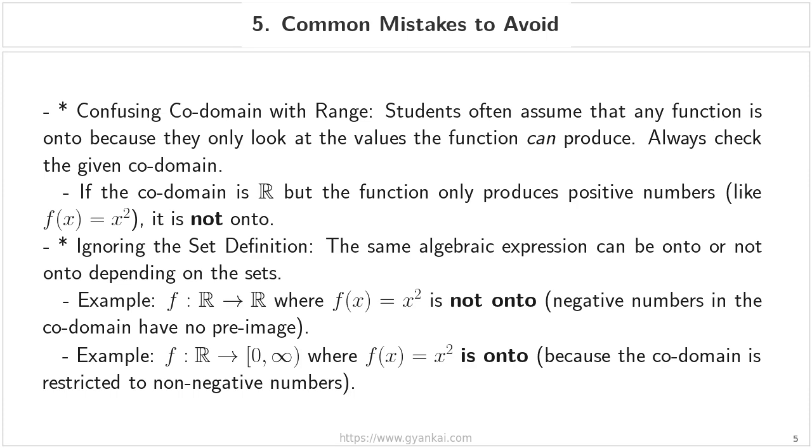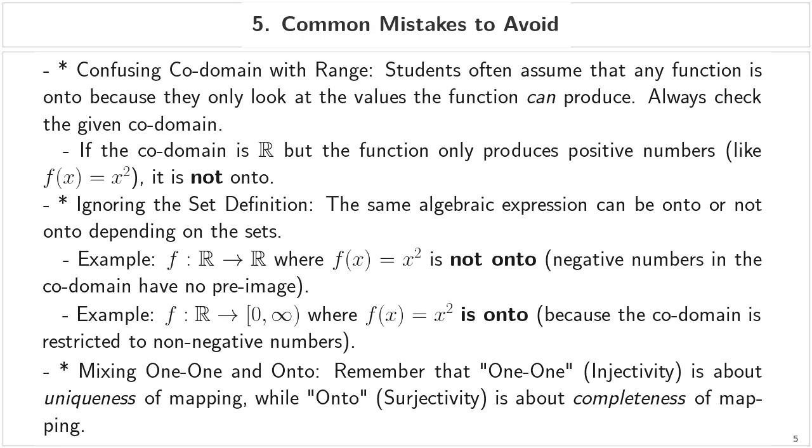But if we redefine the function to map from the set of all real numbers to the set of non-negative real numbers, meaning 0 and all positive numbers, then f of x equals x squared becomes an onto function, because the codomain has been restricted to only those values the function can actually produce.